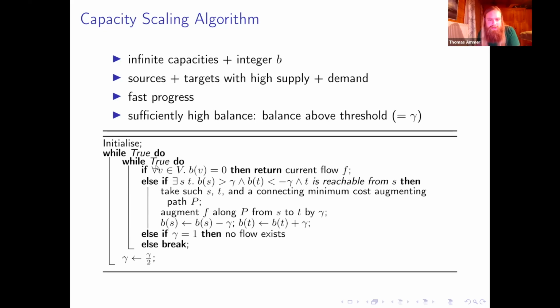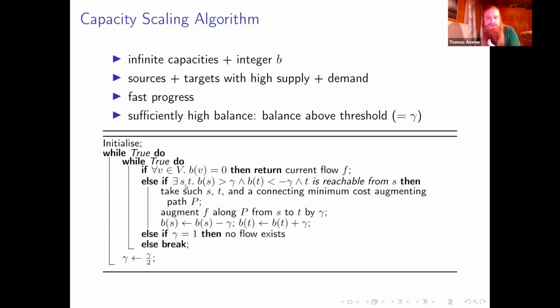Of course, we can't discuss this algorithm in detail, but let me make a few high-level comments. So we have an inner loop, and this inner loop selects those sources and those targets where the balances are above gamma, and then it sends gamma units of flow from such a source to such a target along a minimum cost augmenting path.